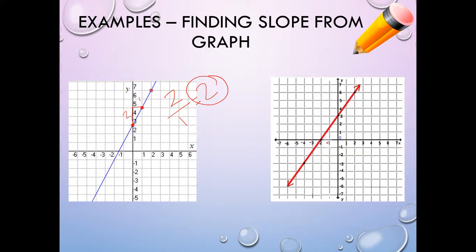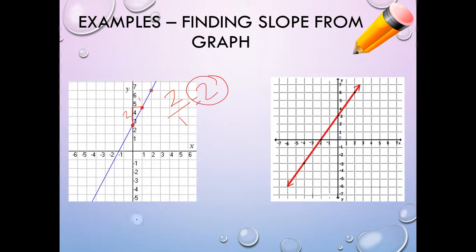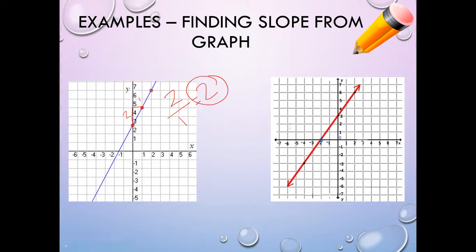Now let's look over here. If you notice, I have no actual little dots on here, so I'm going to make some dots. It looks like I go straight through 2 right there. It looks like I'm going straight through 3. So I'm going to go up until I get to 3. I'm going to go up 1, 2, 3.